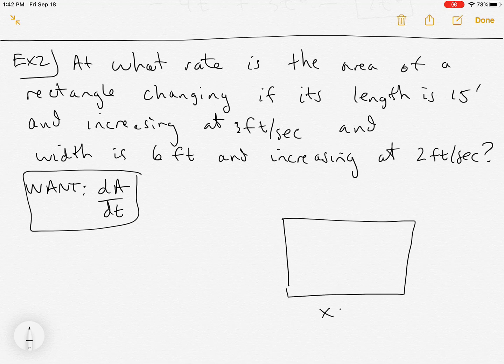All right, let's draw a picture here. I'm going to let x be the length and y be the width, just to define variables here. And these are both increasing at 3 feet per second and 2 feet per second respectively. And in this model, we're stopping at 15 and 6.